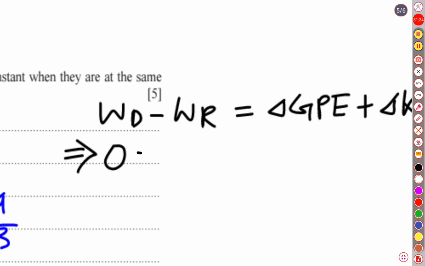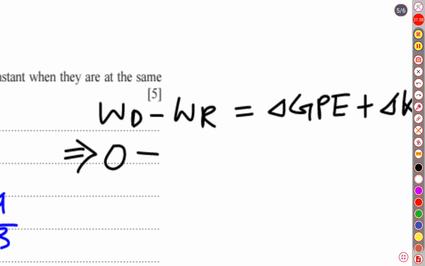Well, then minus resistance force. But don't think that because there is no external force acting on the particles, there is no resistance force also. No, that's a wrong concept. There may be no driving force, but there may be a resistance force acting.